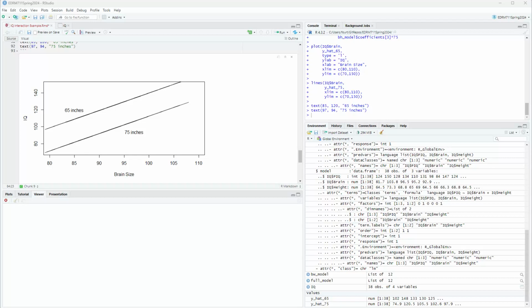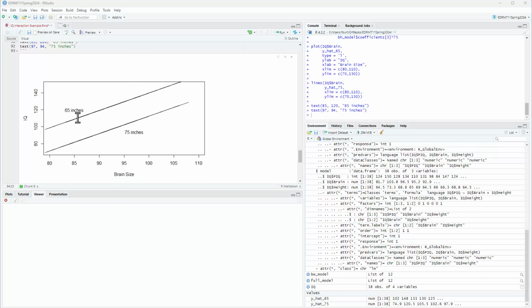We also looked at how we could hold the height constant and still look at the influence of brain size on IQ. And I here show that at 65 and 75 inches we have the same effect, that is, the slope is the same.